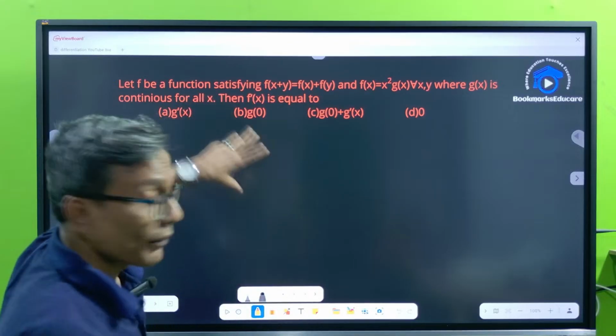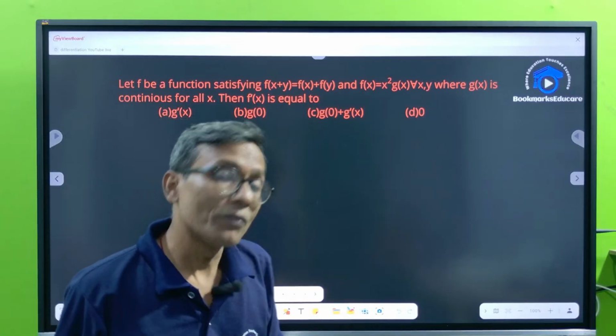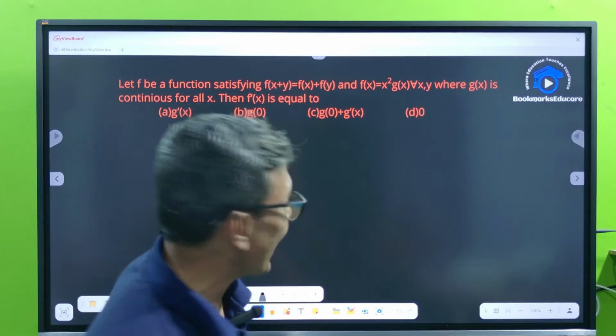Now we have to find out the value of f prime x.